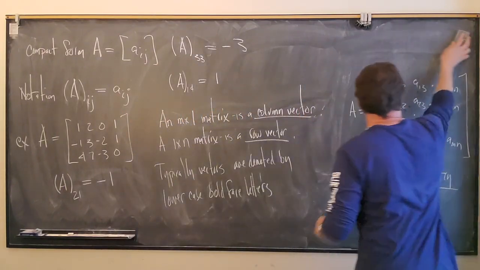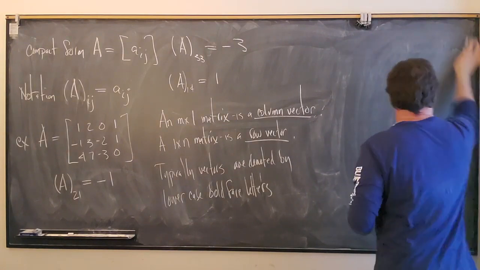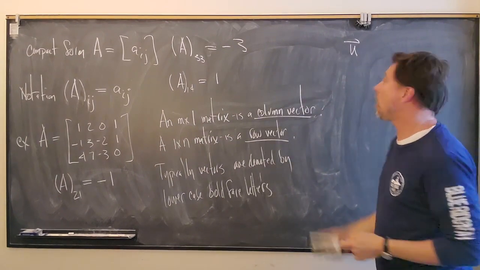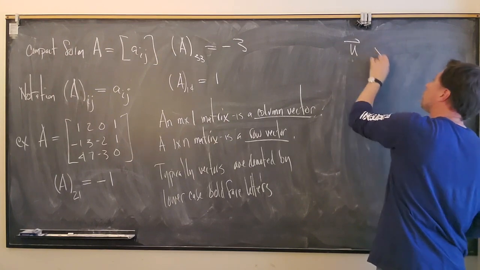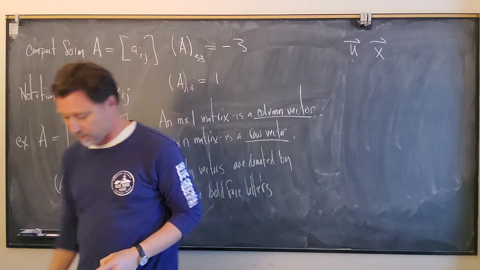On the board, obviously, I can't do boldface, so if I want to talk about a vector, let's say the vector u, I'll put a little arrow over that. So in the book, this would be boldface. Or maybe vector x, I'll put a little arrow over to indicate that I'm talking about a vector.